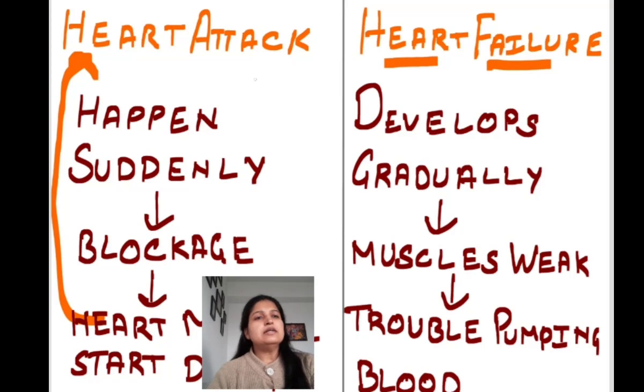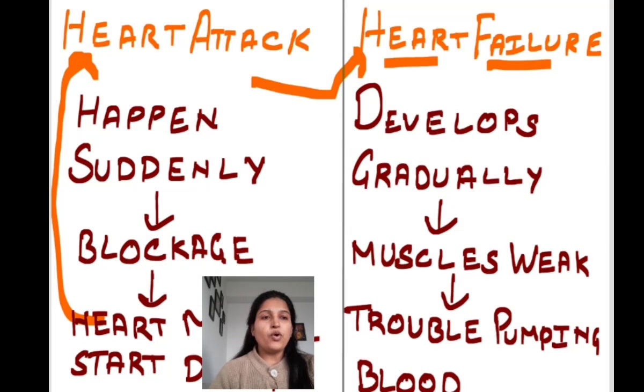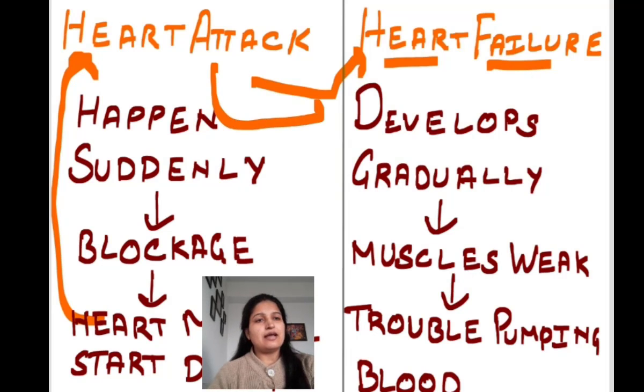The heart attack can be a cause of heart failure. But heart failure is a broad term, and heart failure can be because of various reasons. And one of the reasons for heart failure is certainly the heart attack. So now I think this doubt has been cleared between heart attack and heart failure.